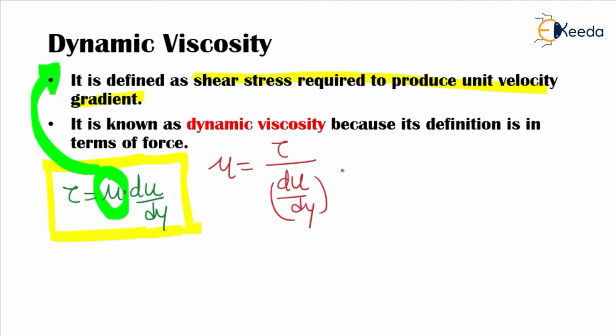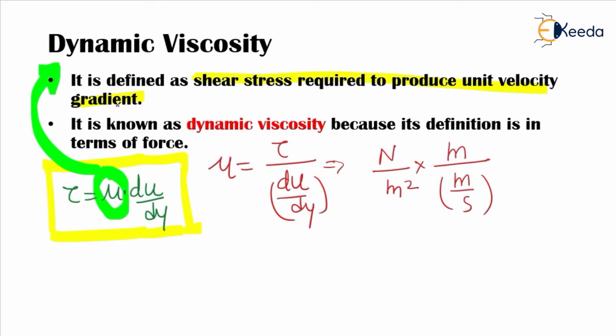So this can be written as, now look at this, tau value is Newton per meter square. This is tau value, right? Now multiply by, this can be written as dy upon du. So dy value is again in meter, and du value can be written as meter per second.